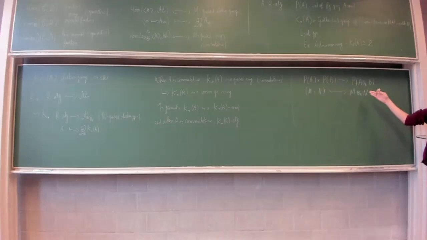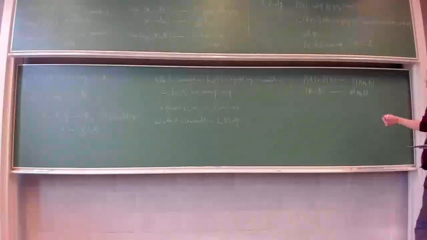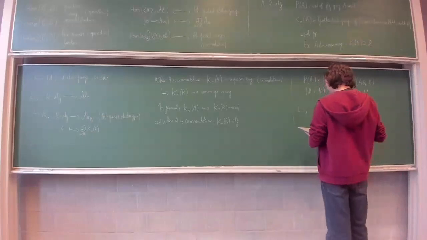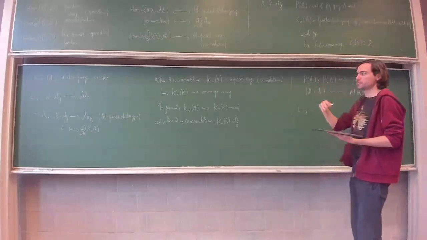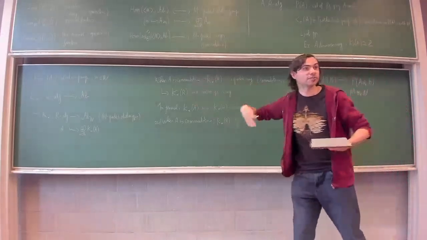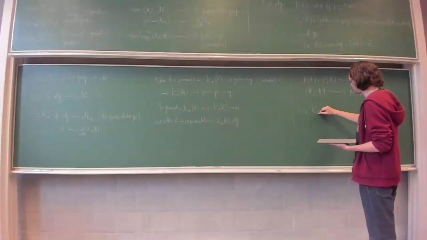And when M and N are projective, this is projective. But I didn't write it. Okay. So we get something like this, and this induces, by general machinery, of course, again I'm not explaining how the Kn are defined, so this is all under the rug, but it induces a product on K-groups.